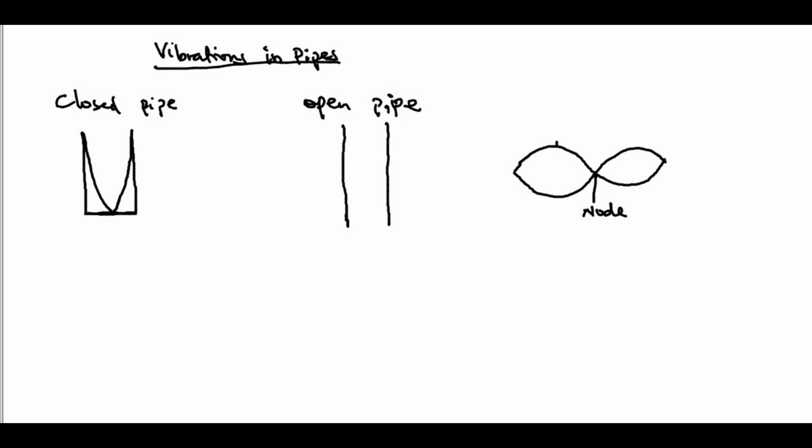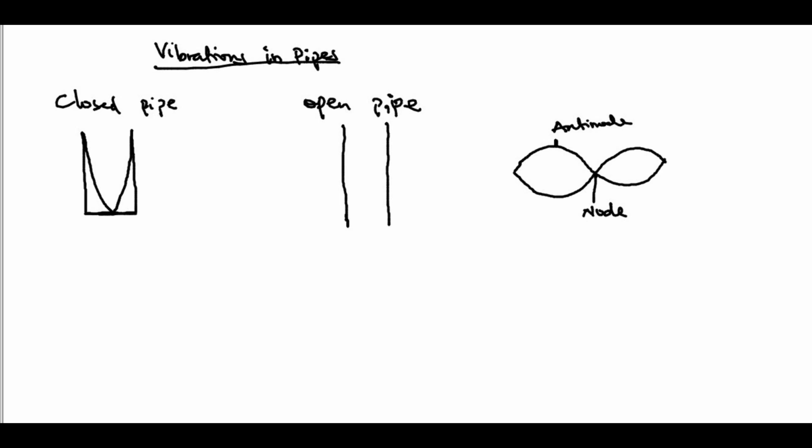At this point where you have the maximum curve, it's called the antinode, and that's where you have the maximum vibrations of the particles of the medium.